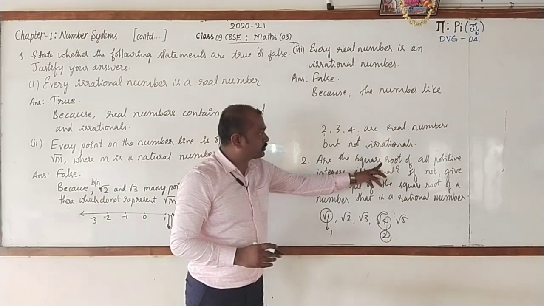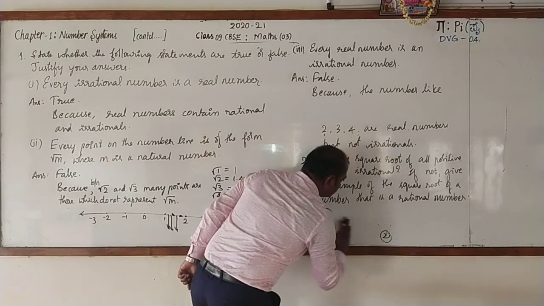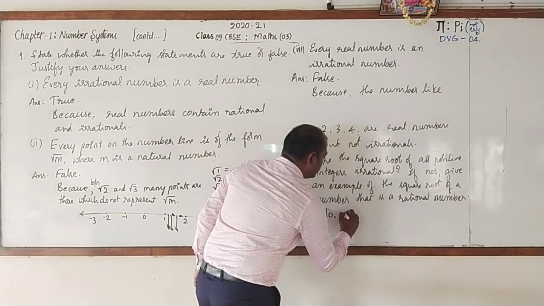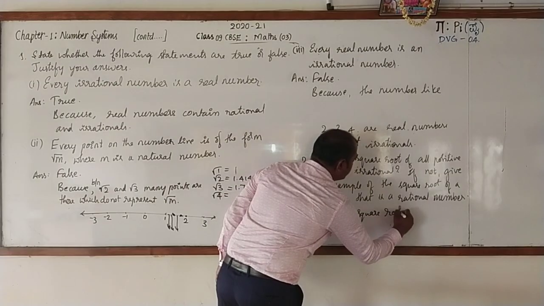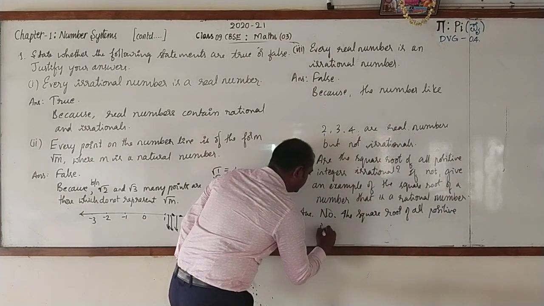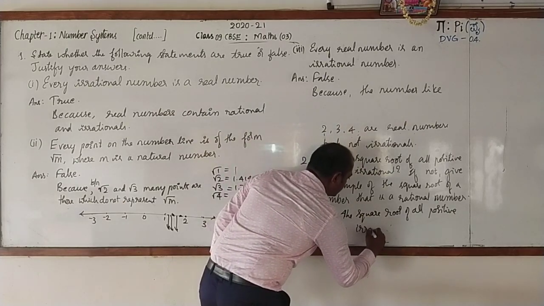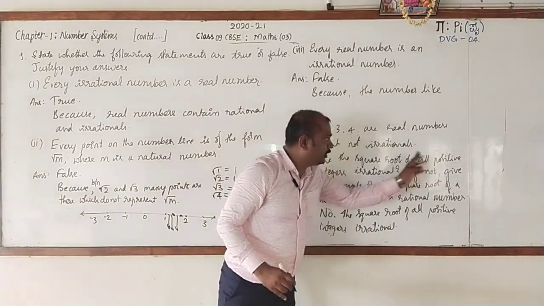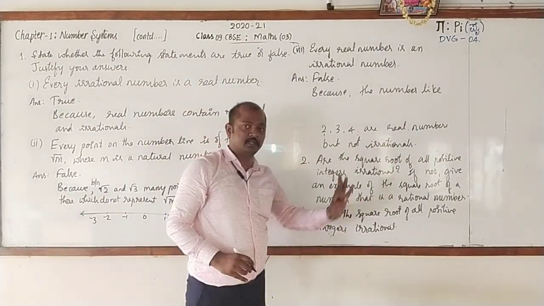The question is, are the square root of all positive integers irrational? Hence, you can write that no. Answer is no. Then it has been given that if not, give an example for the square root of a number that is a rational number.